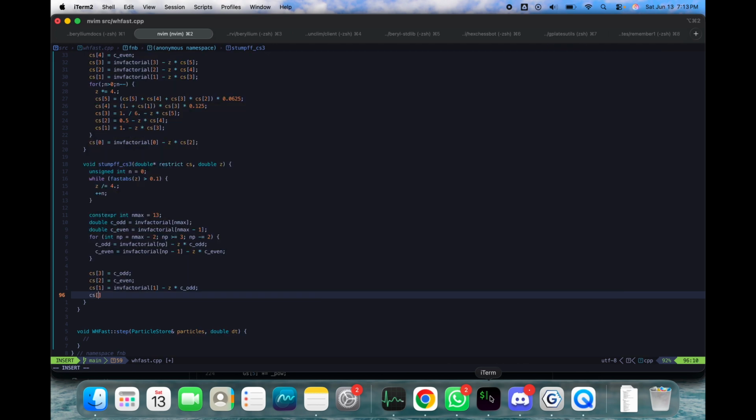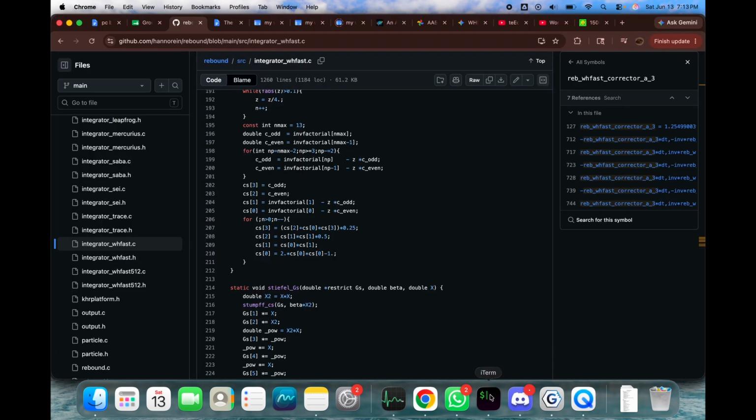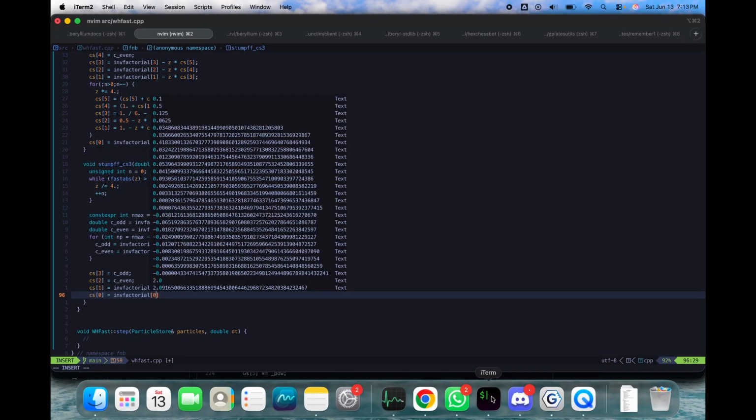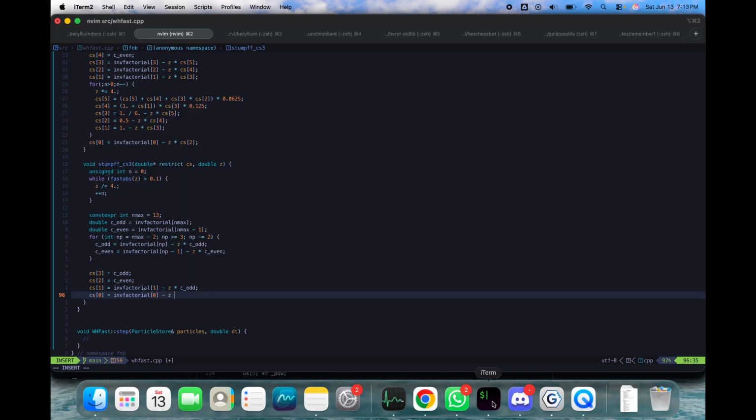And CS index 0 equals n factorial index 0 minus Z times C even.